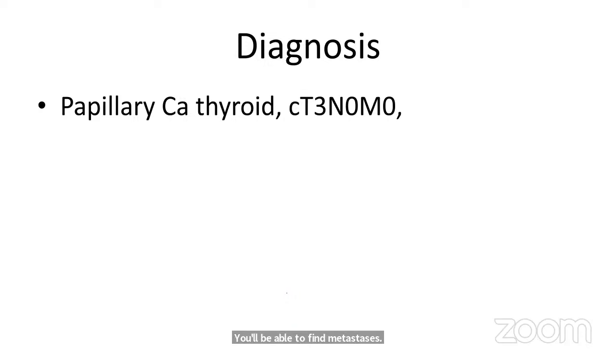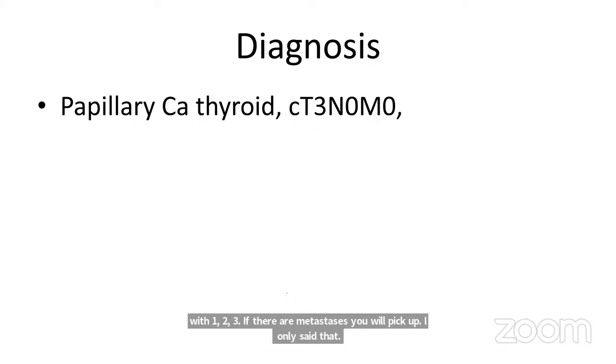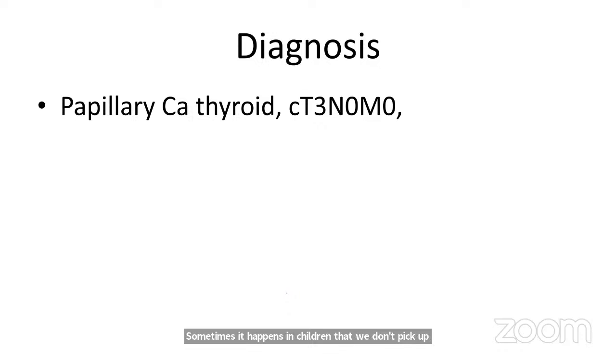I'm not aware of this. I'll ask the esteemed nuclear physician to tell us about this. Dr. Deepak, actually even with 1 to 3, if there are metastases, you will pick them up. Sometimes it happens in children that we don't pick up lung metastasis, which is picked up in the post-therapy scan.